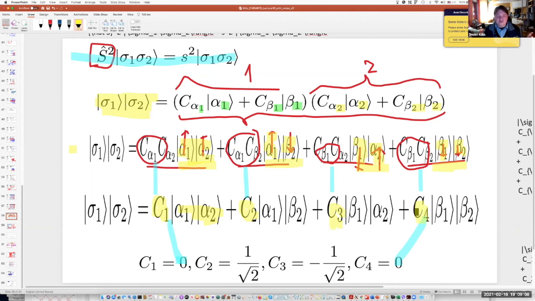So one of the problems that one can solve in quantum mechanics is to find the values of these coefficients. And in order to find them, one solves the highlighted equation at the top, the eigenstate of the total spin operator.